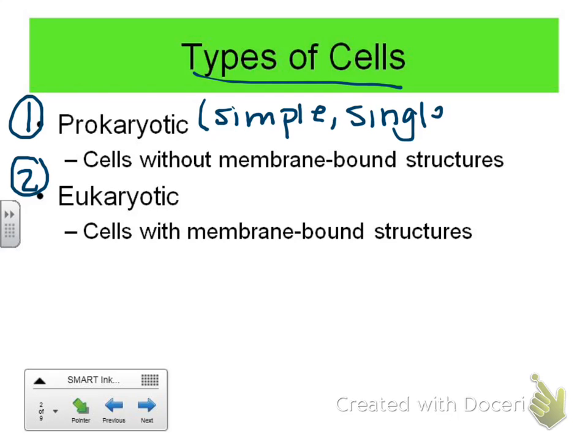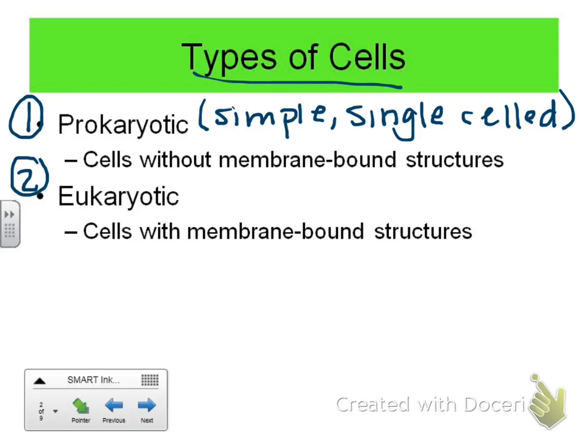Okay, those are simple and they're single cell. Okay, so we've got our two main types of cells.